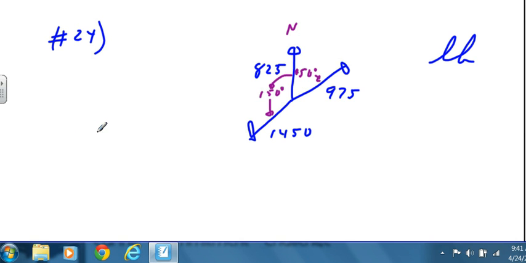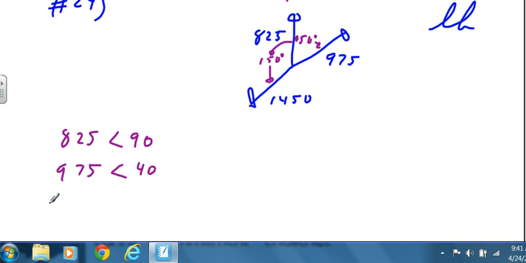Okay, so that being the case, I have 825 angle 90. I have 975 angle 40 when I put all these guys in standard position. And then I got 1450 angle 240.